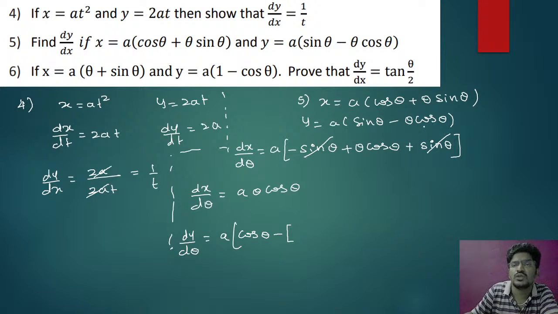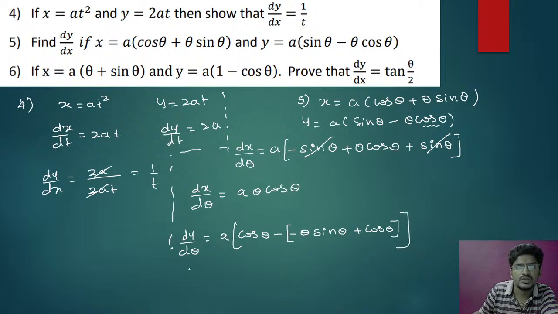Again u into v rule. First I will differentiate cos, differentiation of cos is minus sin, so that will be minus theta sin theta, put plus. So now I will write cos theta as it is, differentiation of theta will be 1, so no problem.